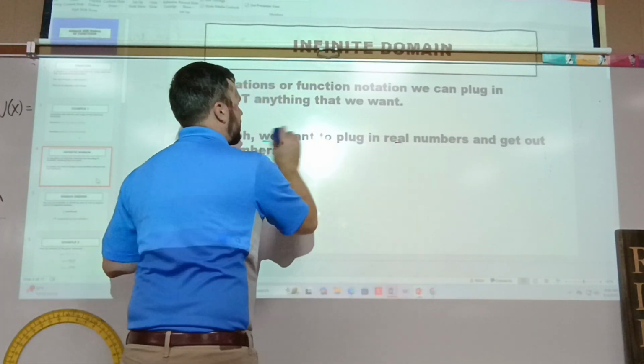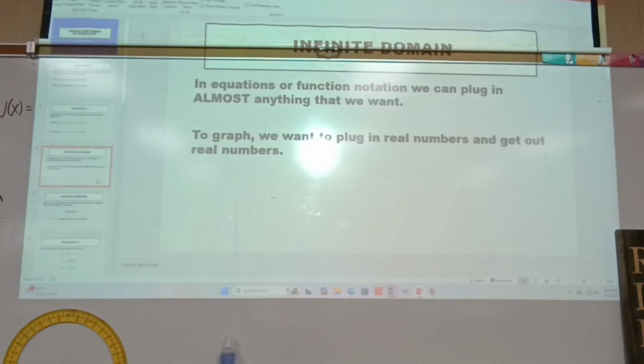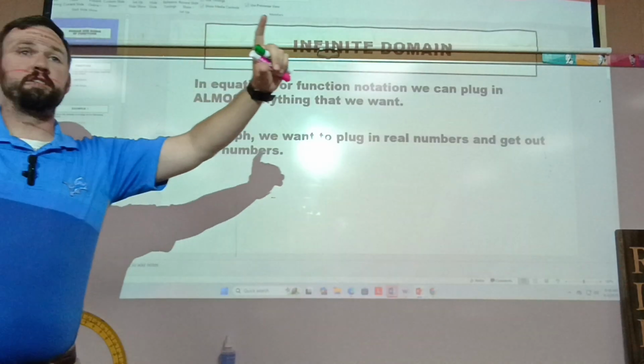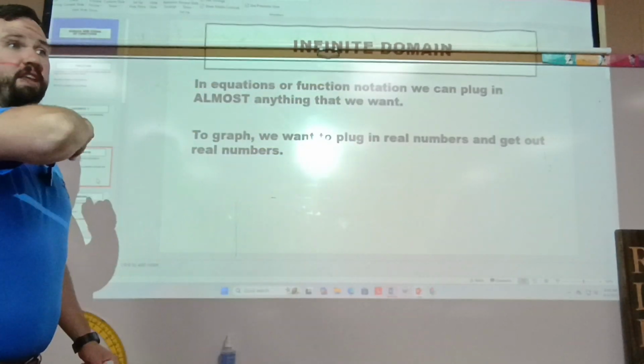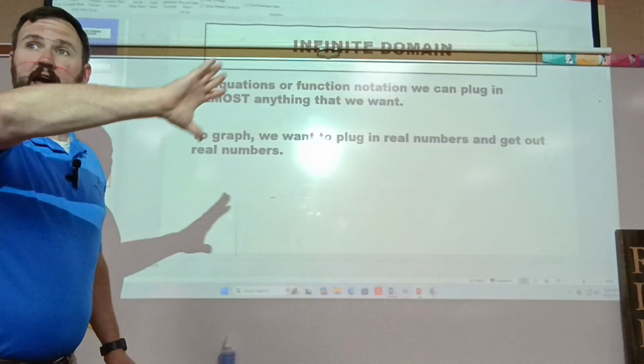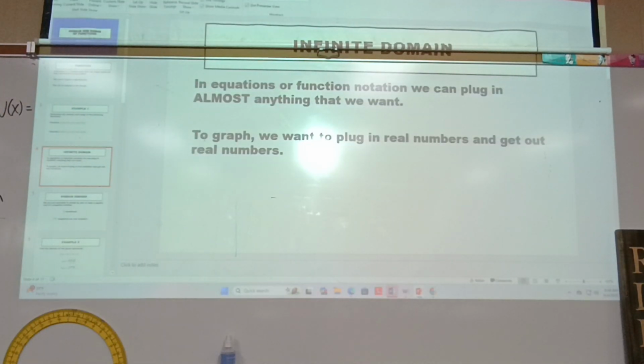The big thing I want you guys to realize is a majority of functions we see is all real numbers. Like when you graph most functions, it goes from negative infinity to infinity, right? That means x can be anything in that. It's all real numbers. Okay? So majority of the time, it's going to be all real numbers. There are 2 cases that it's not, and those are the 2 you really need to focus on right now.